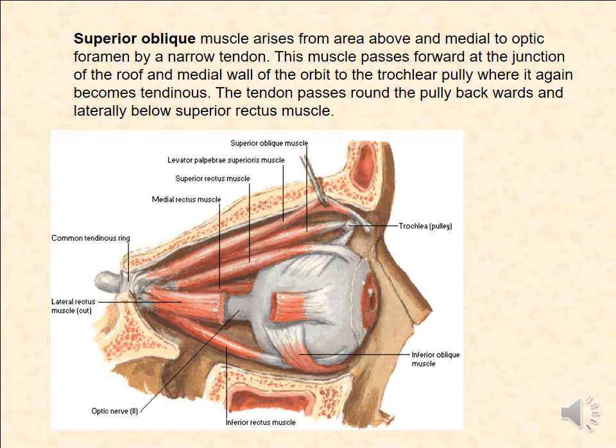We have the trochlear pulley, whose tendon is ring-shaped. The tendon of the superior oblique muscle goes through this pulley, goes backward, and inserts into the sclera below the superior rectus muscle.